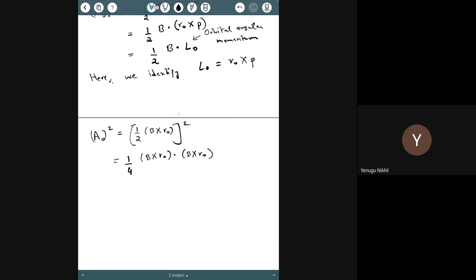This is again a vector identity, the dot product of two cross products, and that is B squared R0 squared minus the dot product with R0 squared. Here B squared is basically the modulus squared of the full vector B. I have not put the vector sign, so I could maybe write it more clearly.